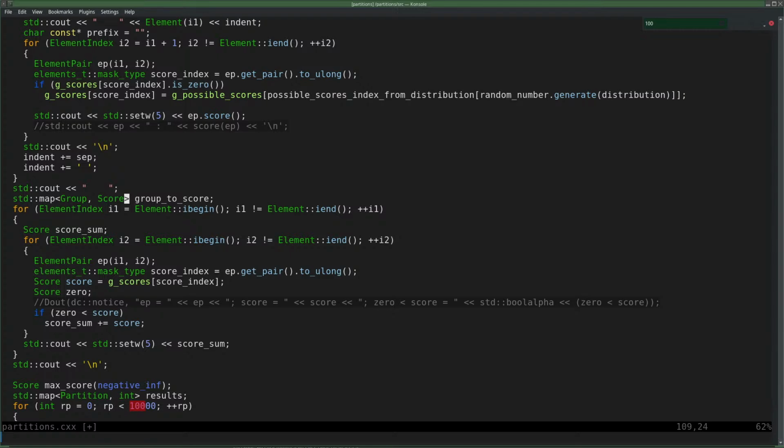Yeah. So I'm going to make groups with 2 or 3 elements. So therefore, let's call this 2-3. Group 2-3 to score. And I want to fill it with... do I want to look up the score for each group?